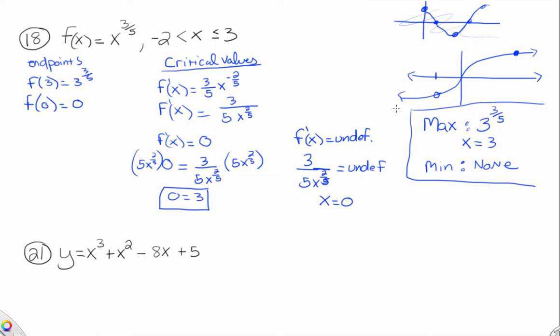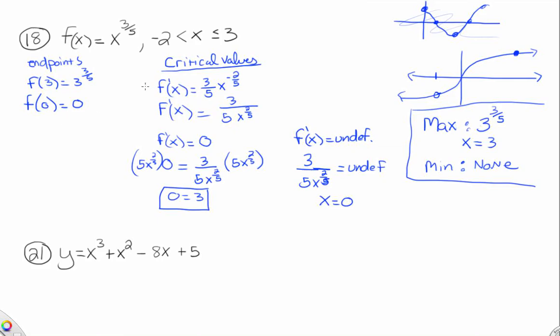And I think the best answer to that question is, if you're not doing endpoints, to consider the limits as we approach the endpoints or as we approach infinity, if it was an unbounded function. So we already know what the limit is as we approach the right side. It's the value at the right side, so we don't need to check that.